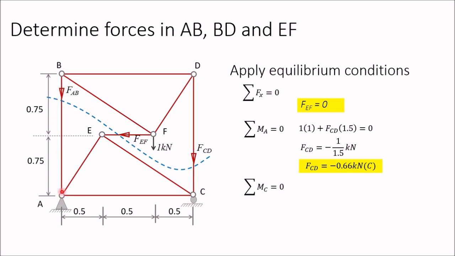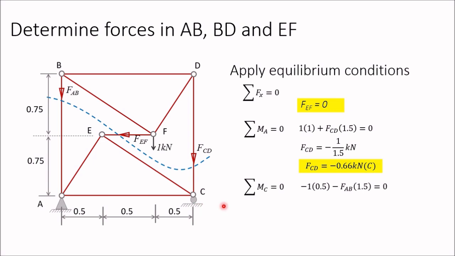So FAB, again you can see about point C, its direction of moment is anti-clockwise. Therefore its moment will also be negative, and value of this moment is FAB into perpendicular distance 1.5.